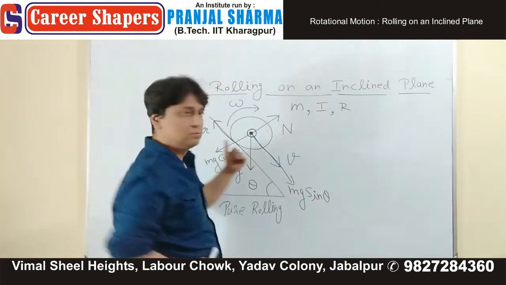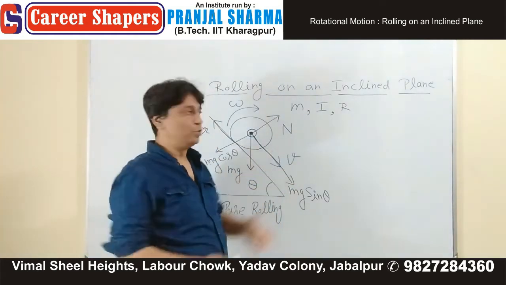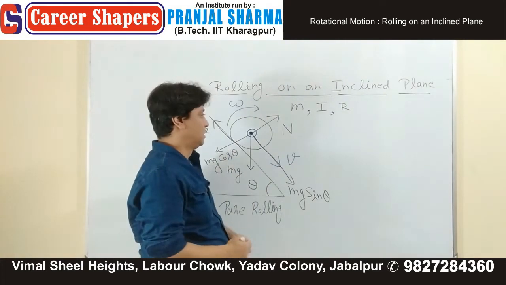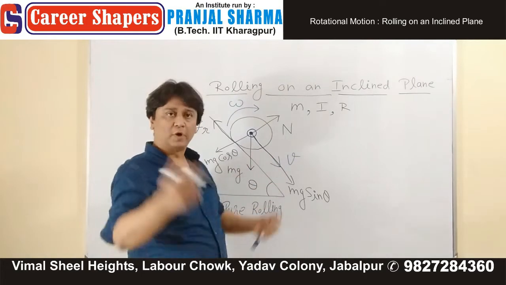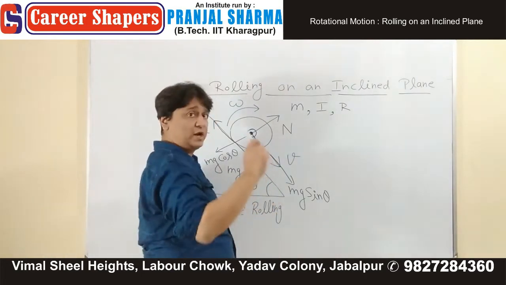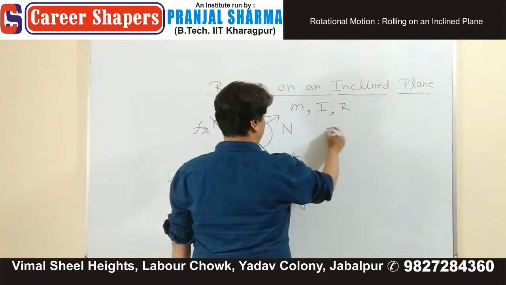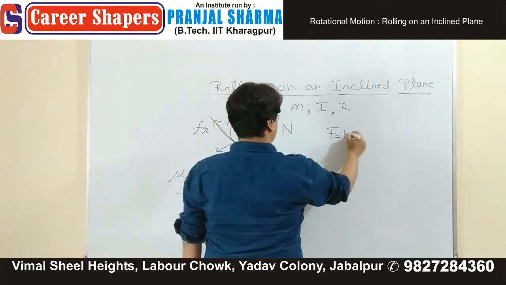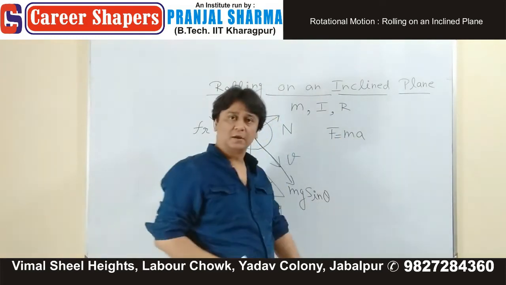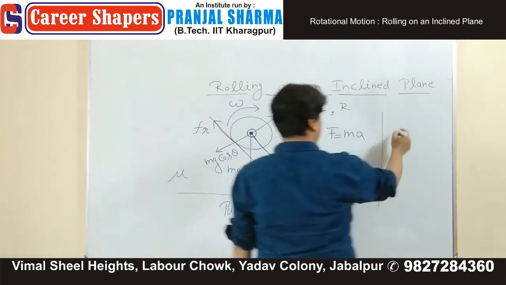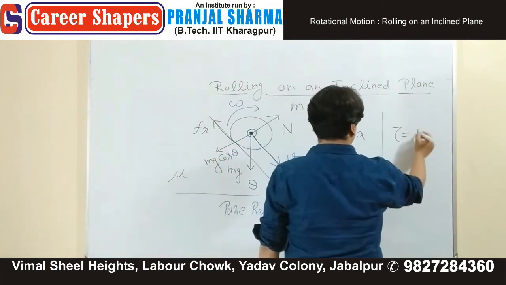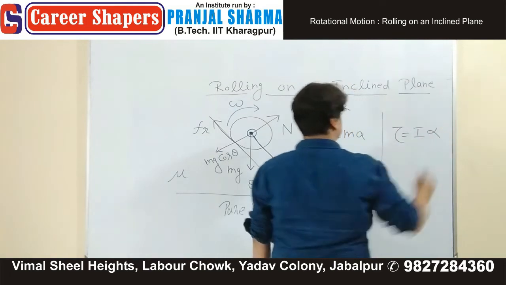let's write down equations of motion. For any question in rotational motion, you know that we start with the help of F equals to ma. This is the first set. And the second thing is tau equals to I alpha.